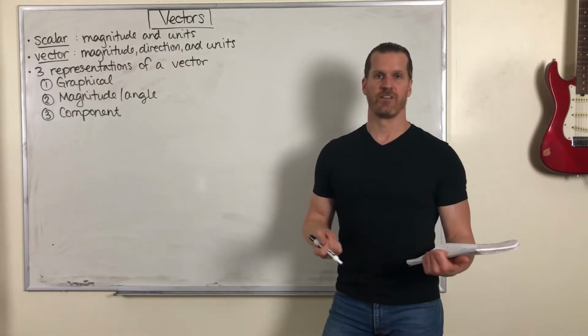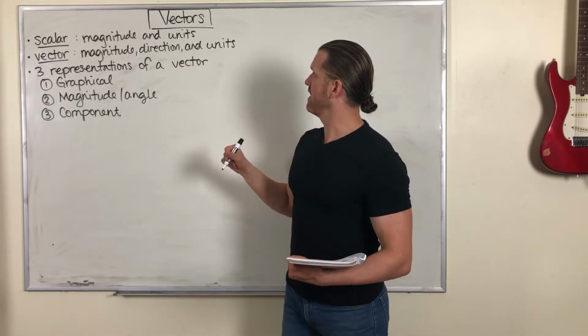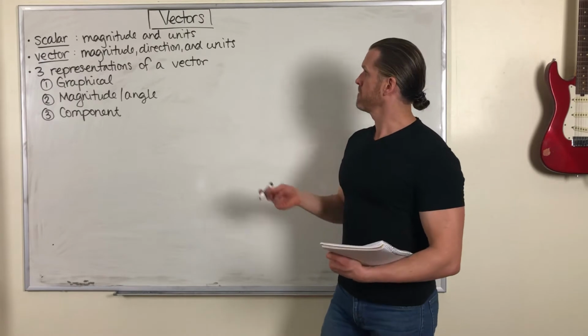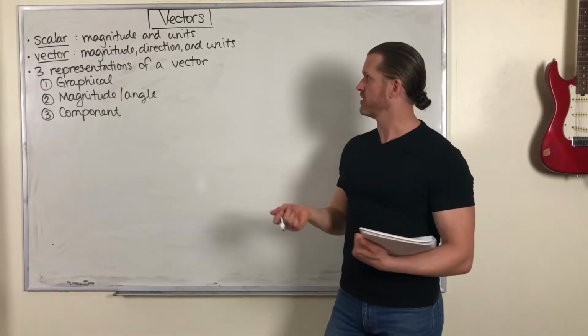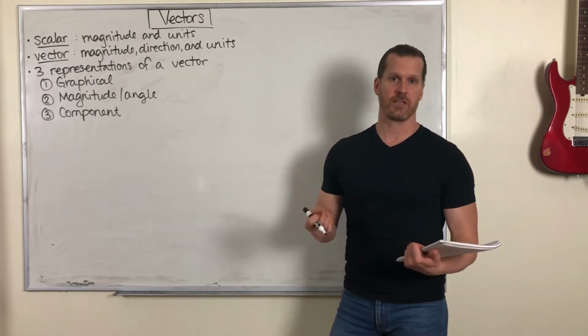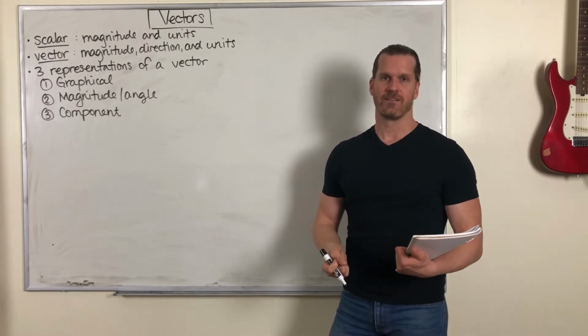The temperature is 80 degrees, and there are units, degrees Fahrenheit. And vectors are quantities with a magnitude, a direction, and units. That could be something like velocity. You are driving 20 meters per second east.